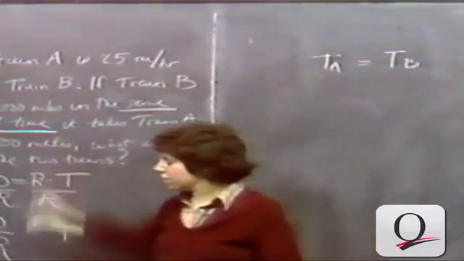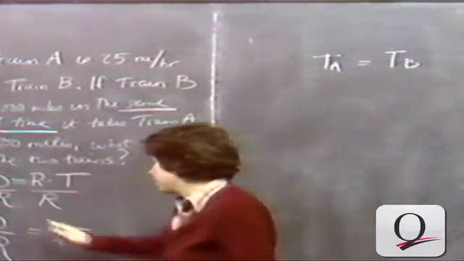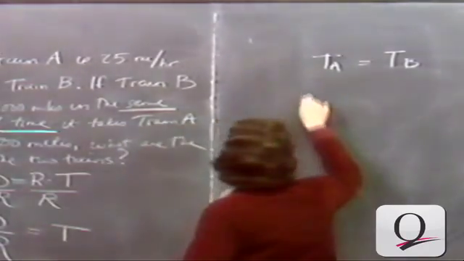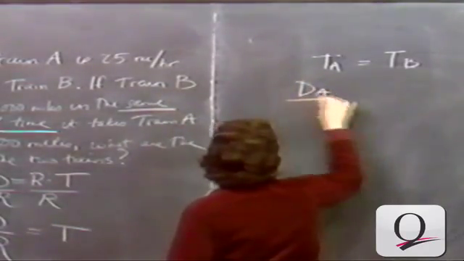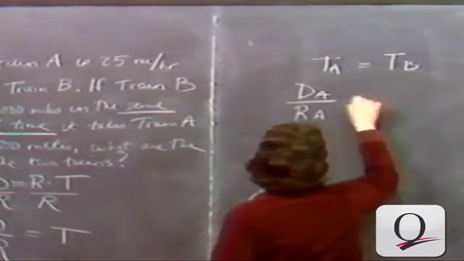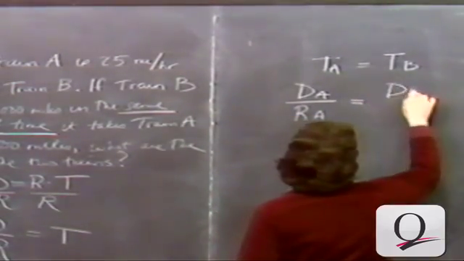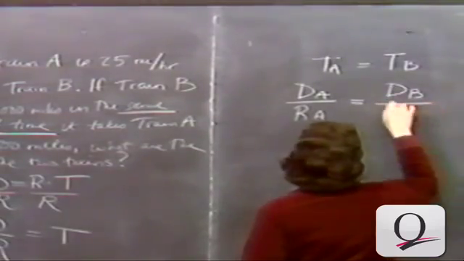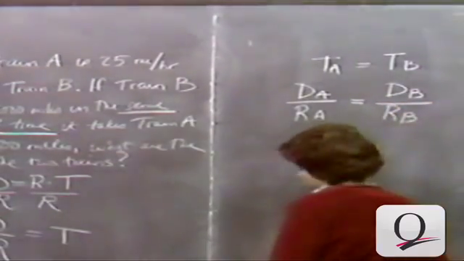They tell you that they're traveling the same amount of time. Now, time is distance over rate, so the distance traveled by train A over the rate that train A is traveling at is equal to the distance traveled by train B divided by the rate that train B is traveling at.